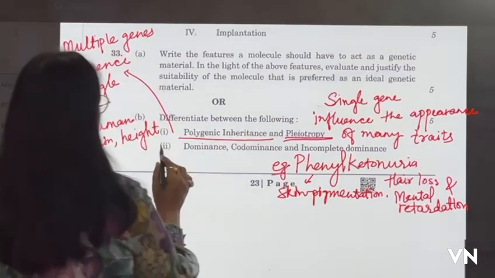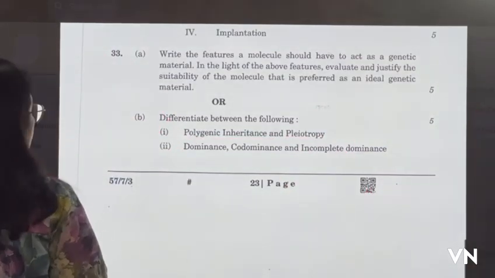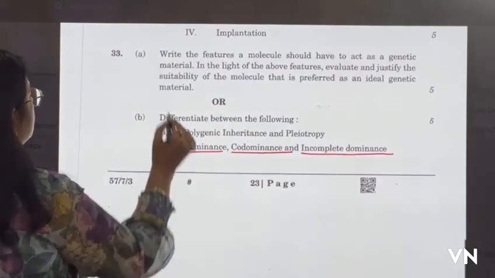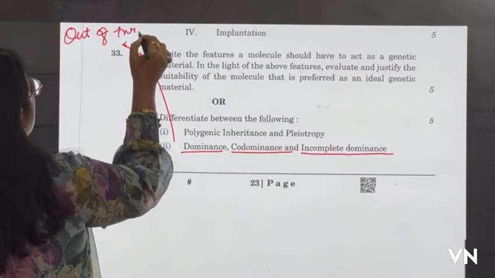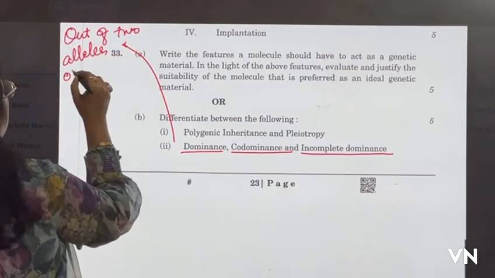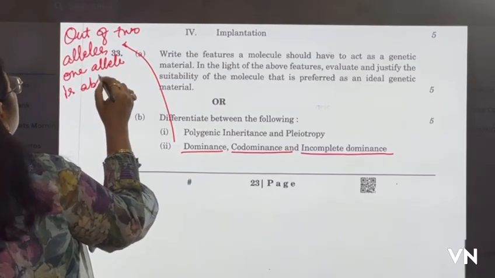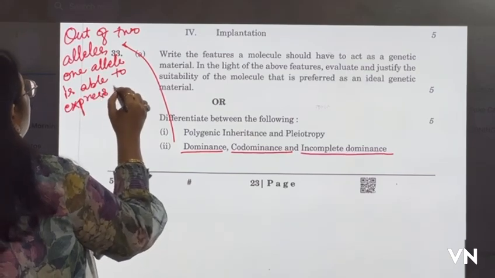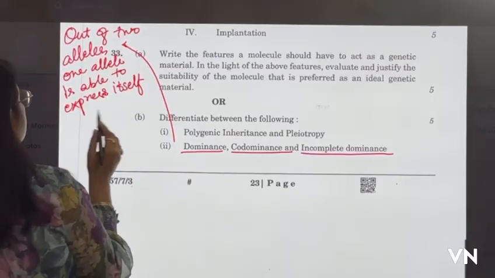And the last question of this set, dominance, codominance and incomplete dominance. For dominance, out of two alleles of a gene, one allele is able to express itself, whereas another is called recessive.